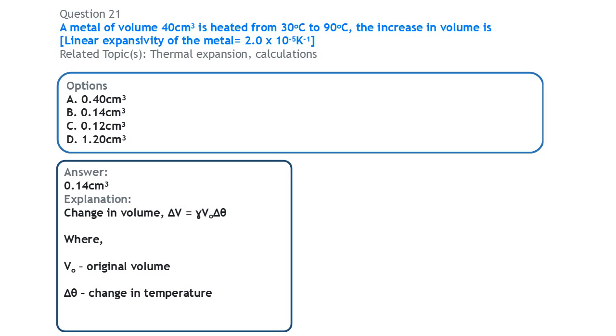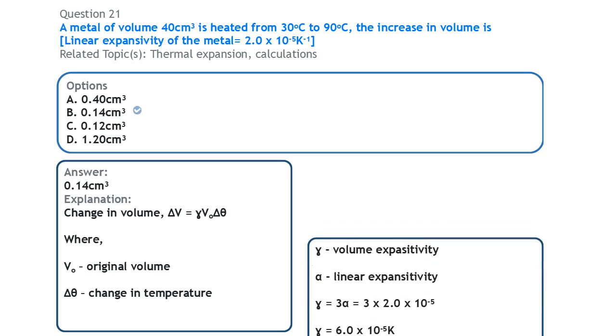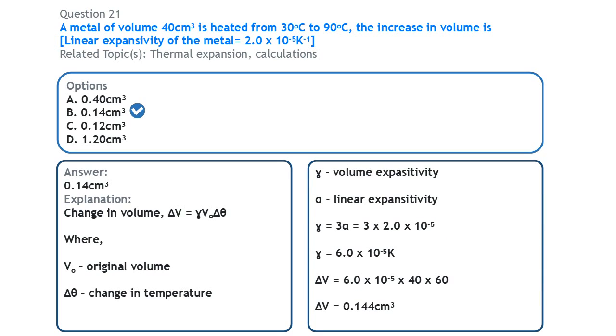We are looking for the change in volume because that is the increase in volume. From the question, we already have the original volume of the material, which is 40 cm cube. The change in temperature we can easily calculate by taking the difference between the two: 90 minus 30, that will be 60.